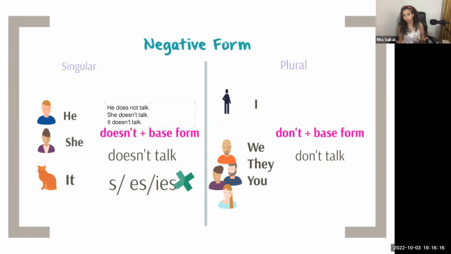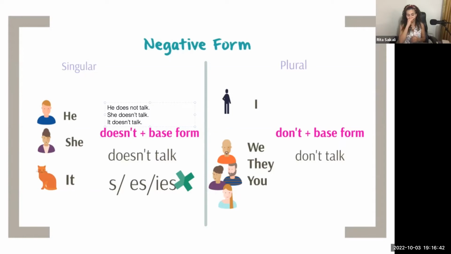In plural, or not just in plural, anything besides third person singular, we use do and not. Or again, together it's don't plus the base form of the verb.